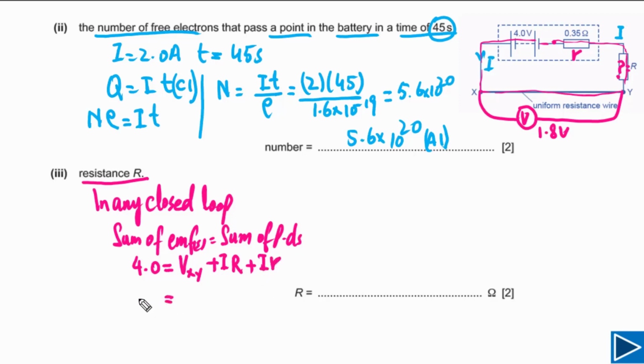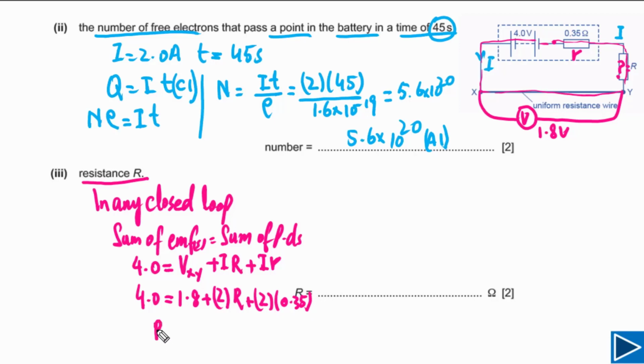Now simply we need to plug in values. So we have 4.0 and VXY, it is given in the question, and that is equal to 1.8 volts. I in the question we have, this is 2 amps and this is the capital R, the resistance. I is also the same passing through this internal resistance, so this is also true. And the value of r we have, that is 0.35 ohms.